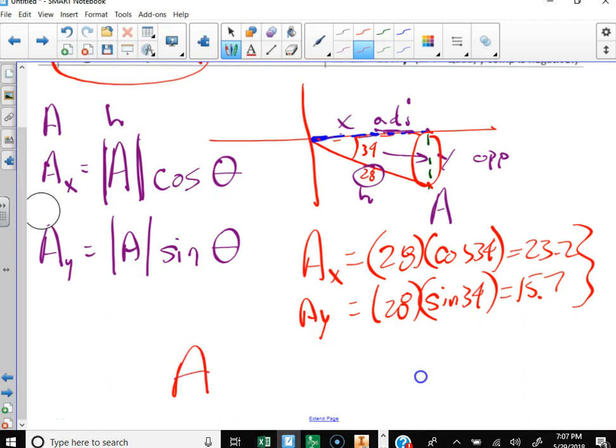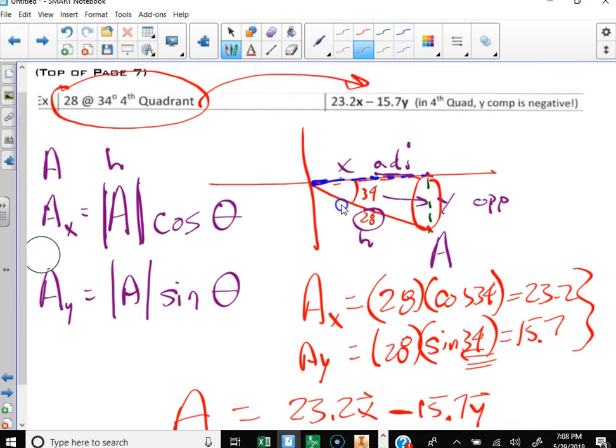So if we want to write vector A, x is positive, so it's going to be 23.2 is the x component, negative 15.7 y component. The y component is negative in this case. I used the reference angle, so my computer didn't tell me that, but I'm supposed to know based on the information that I'm given. They would have presumably in this one given me, yep, there it is, fourth quadrant.